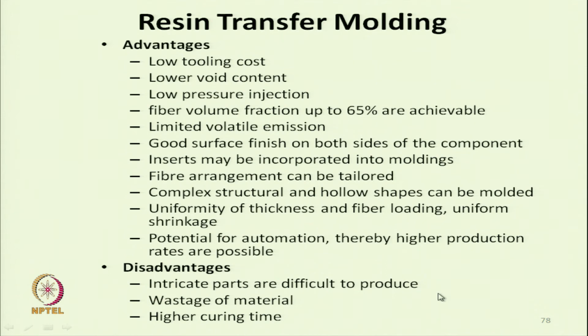So, simple shapes, hollow and other shapes can be produced. If we try to produce an intricate part, this method is not suitable. Material wastage sometimes takes place due to leakage, and higher curing time is required. These are some of the disadvantages.